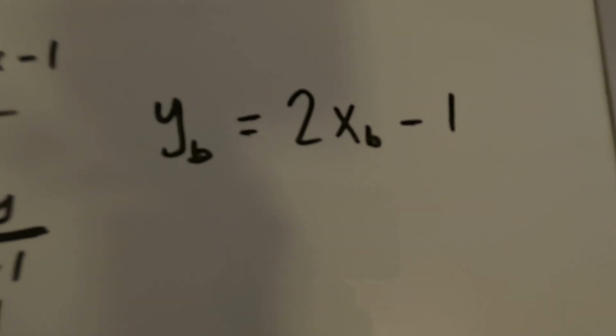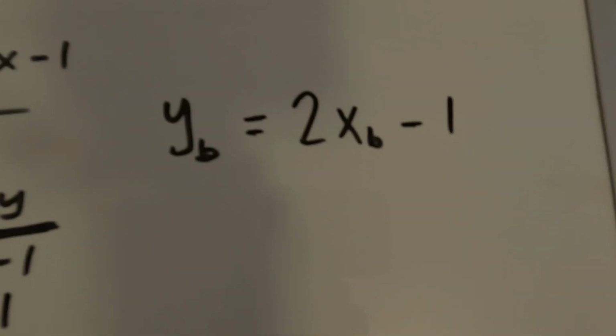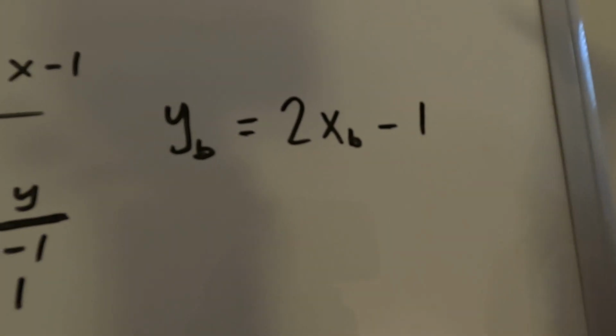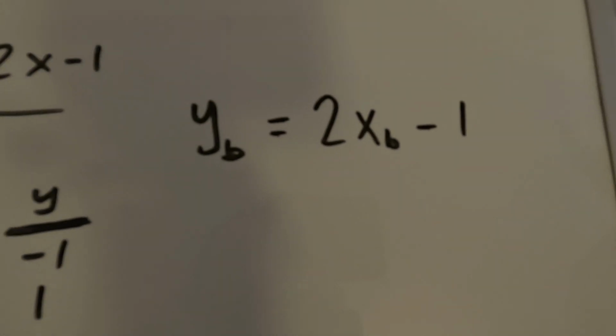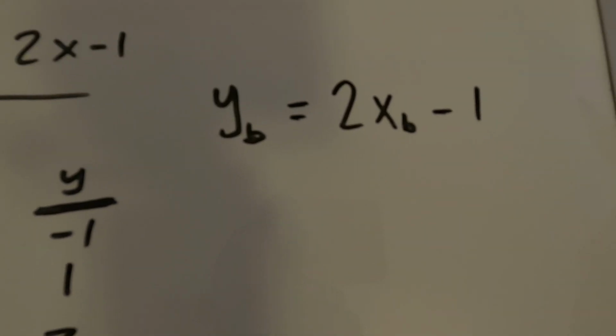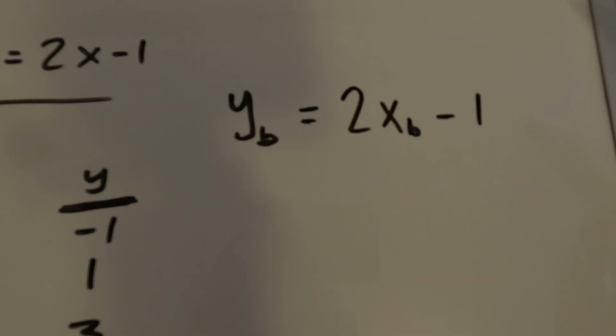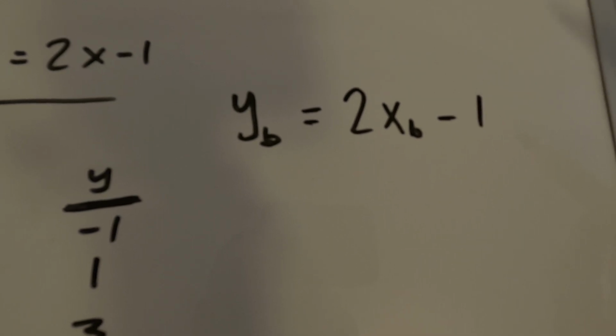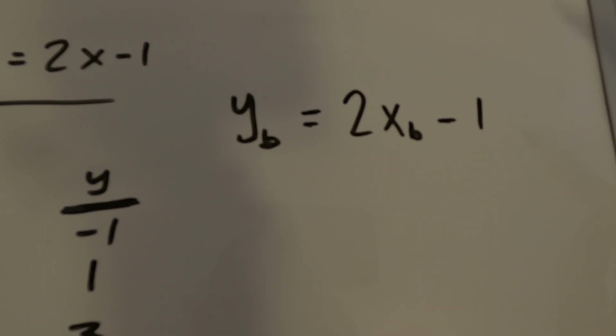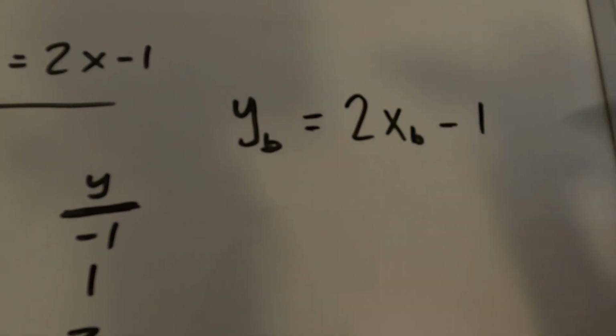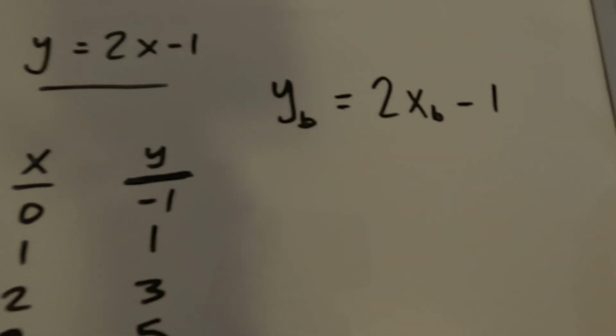So for any particular value of x, so say xb, our y value will be yb equals 2xb minus 1. But we're not done yet, because we need to compare the change in y over the change in x. But we've only got one value here, so we need a second value.